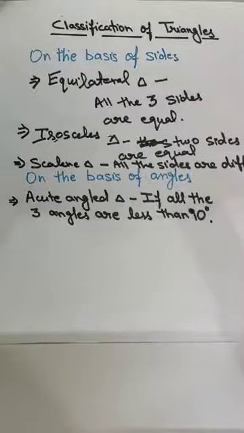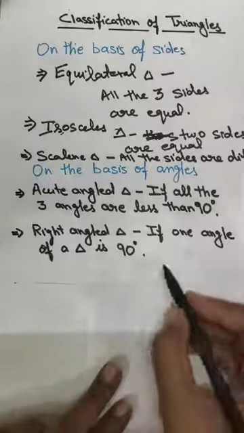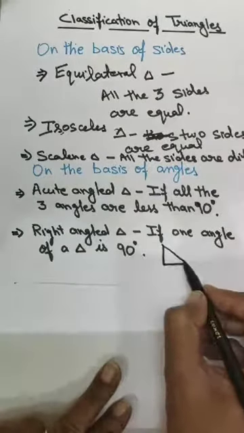So if all the three angles of a triangle are less than 90 degrees, then it is an acute angle triangle. Second is right angled triangle. If one angle of a triangle is exactly 90 degrees, out of three angles, then it is a right angle triangle.